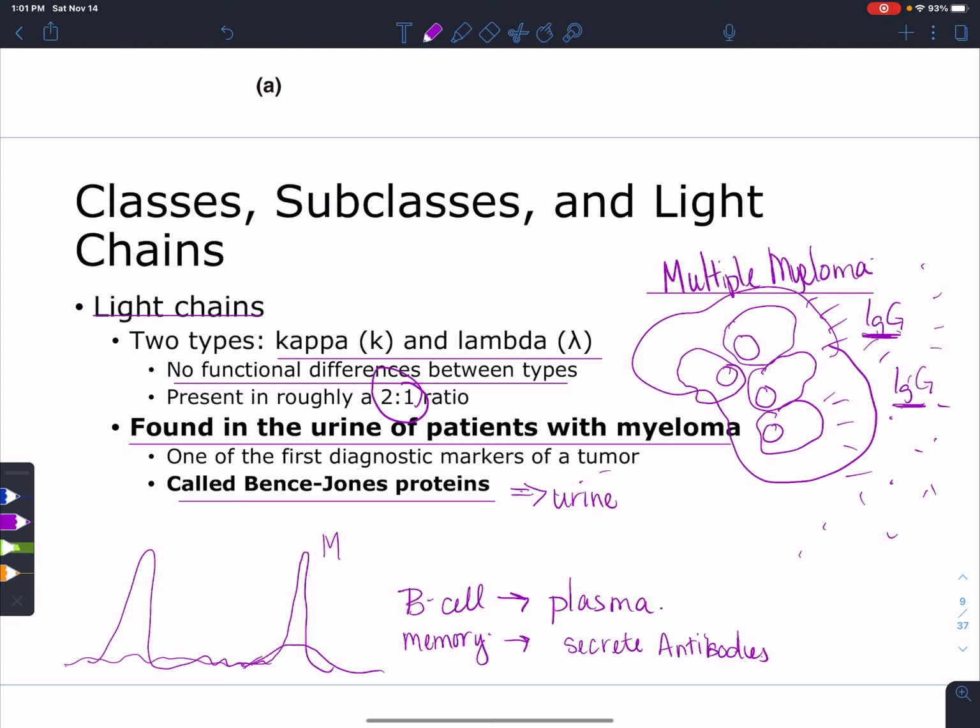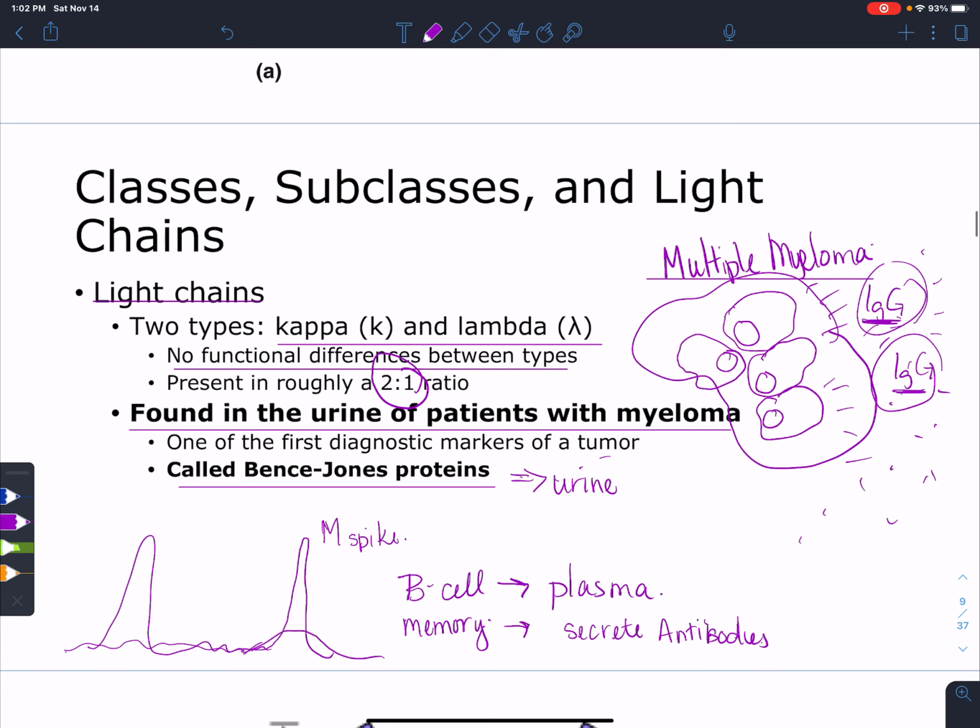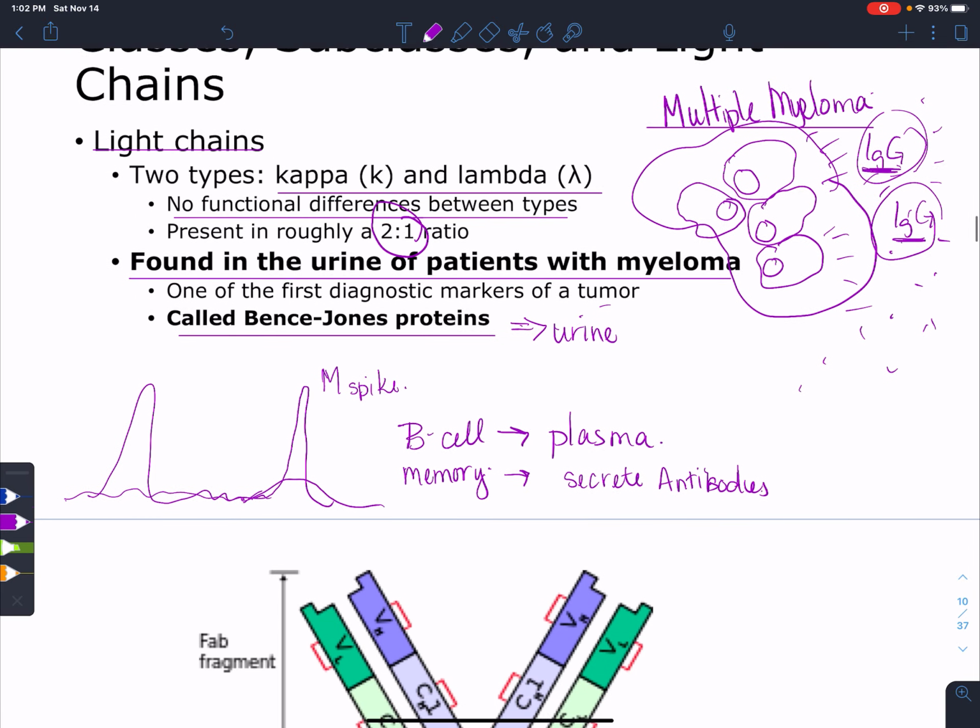And I haven't found in any of my reading, they call it the M spike. Okay? And so this is a cancer. And because we're producing too many of these that really are not specific, it crowds out all of the other cells in our bone marrow, so we're not producing the antibodies that we really need.